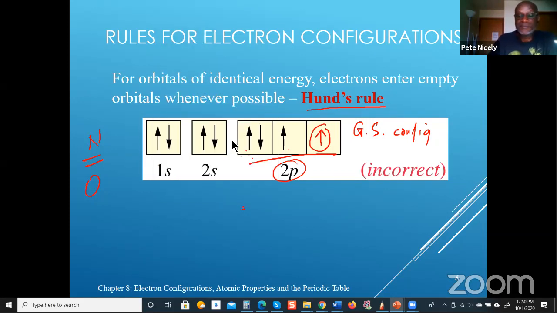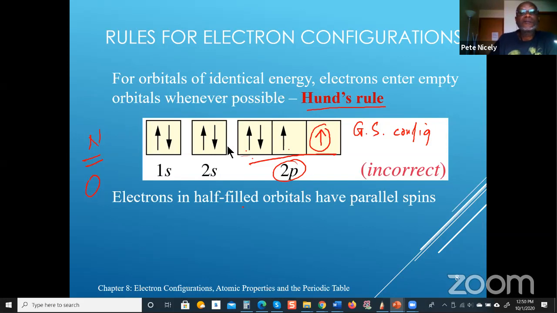Okay, what else? Electrons in half-filled sublevels must have parallel spins in the ground state configuration, which is the point I was making earlier when I put this particular electron here.